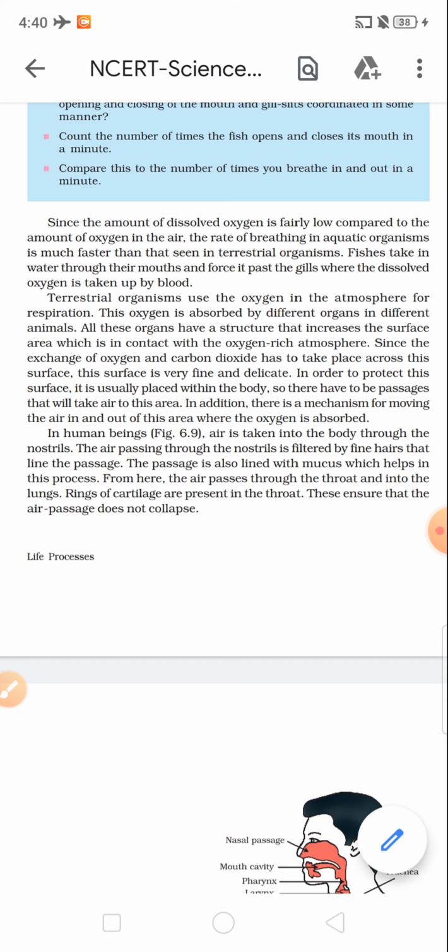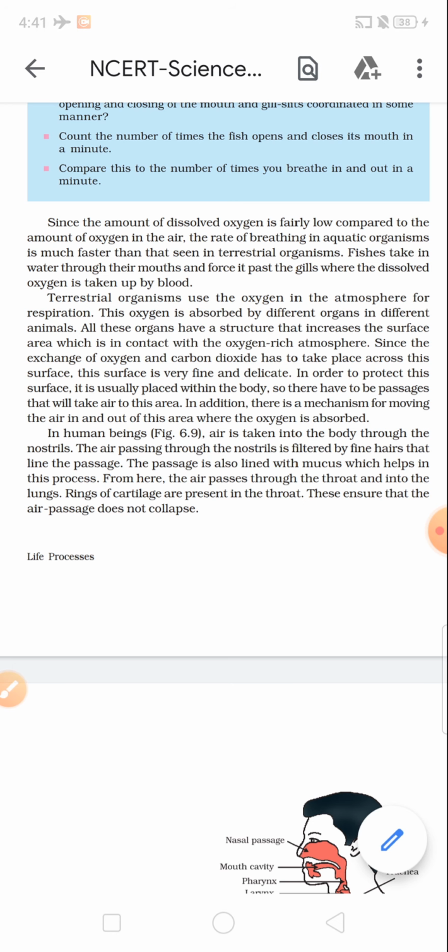That means the respiratory organs should have a structure with more surface area, so that the exchange of gases, oxygen and carbon dioxide, takes place very easily.